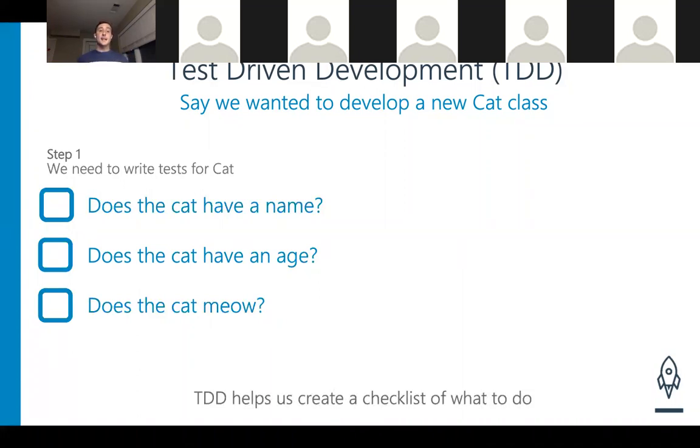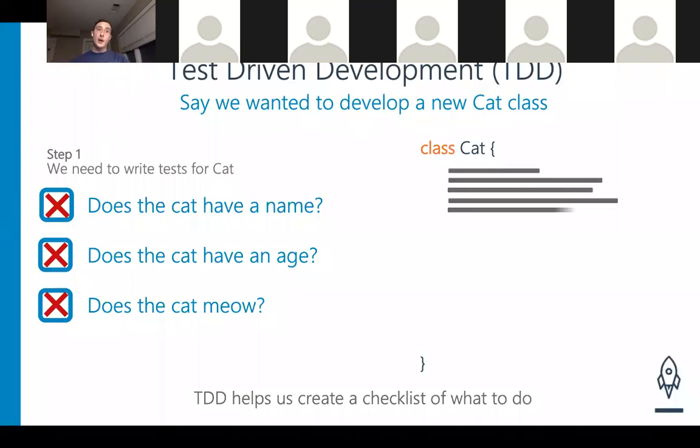So what TDD does, it helps us create a checklist of what to do when we're developing our brand new class or our brand new feature. So if we all ran these right now, of course it would fail because there's not even a cat class. Again, the second step with TDD is that once you write the test, you start developing the class, in this case, the cat class.